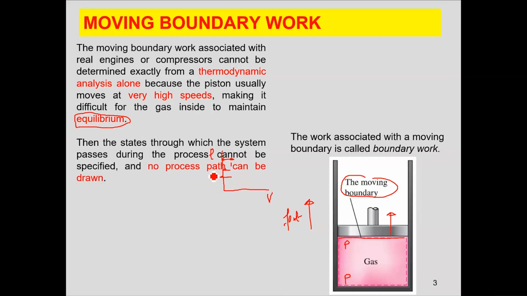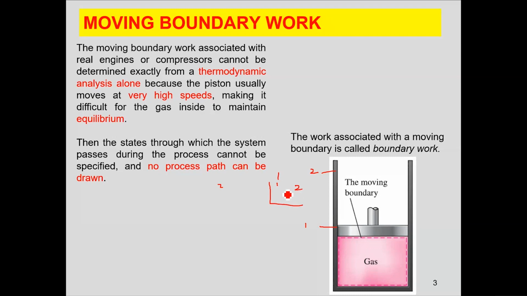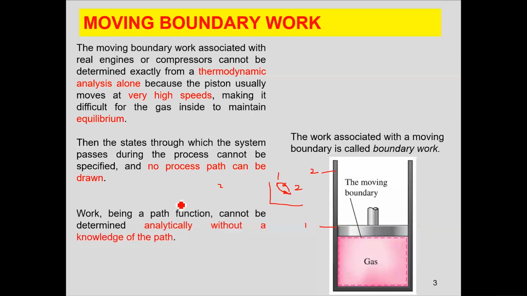And if my system moves from state 1 to some other state 2, I cannot represent the path through which it moved from 1 to 2. I cannot say what path was used to achieve state 2. And as you know that work is a path function, you cannot analytically solve this without knowledge of the path.